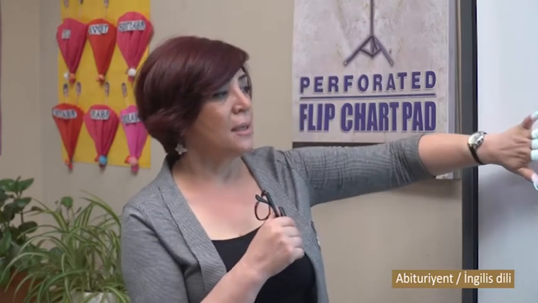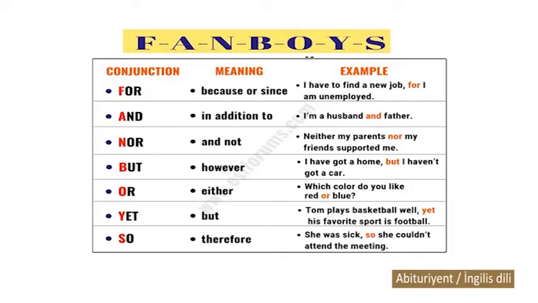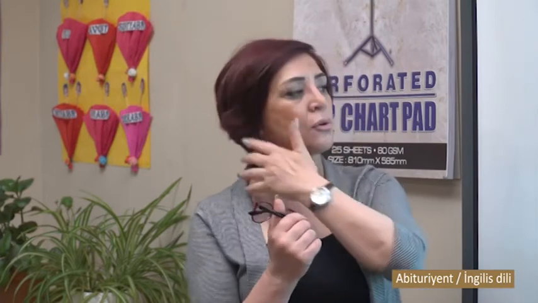Now let us see some examples here. You see FANBOYS. For: its meaning is because or since. For example, I have to find a job for I am unemployed. It means because I am unemployed. What about because? Because is not a coordinating conjunction, it is a subordinating conjunction.